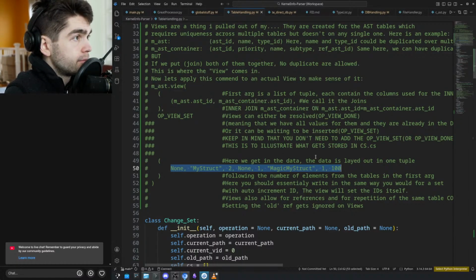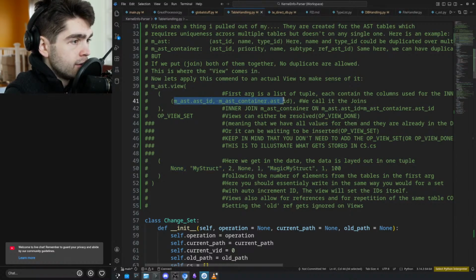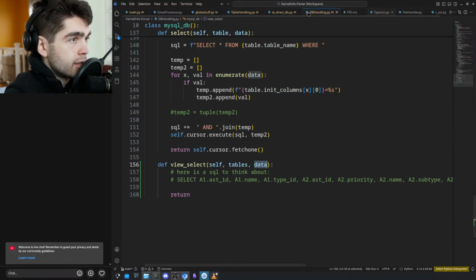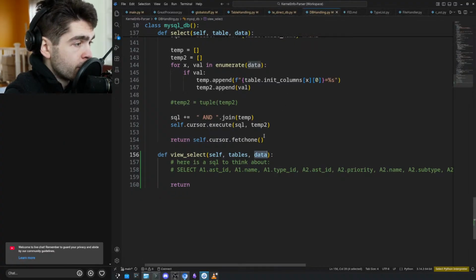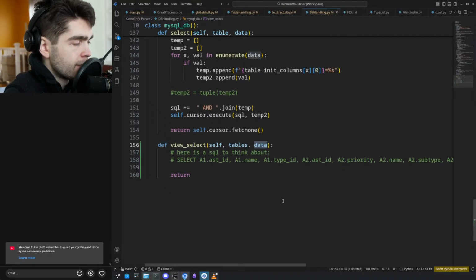So the first thing that we want to do is to create our select statement and to make it make sense. You know what, let's put that here. I think it makes more sense for the three modules that work together to be side by side.